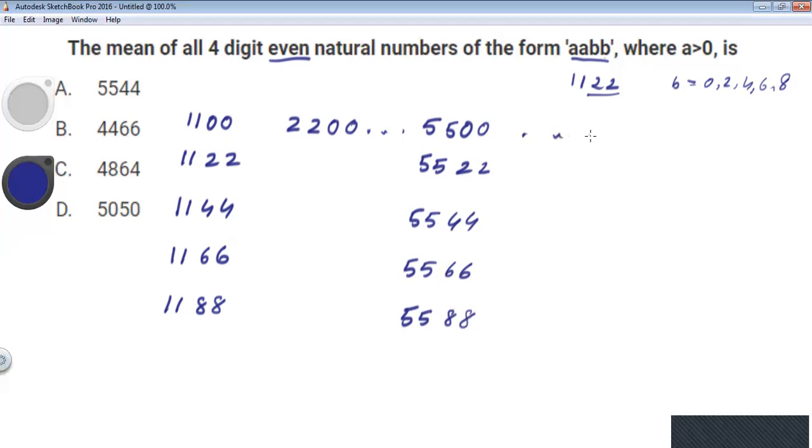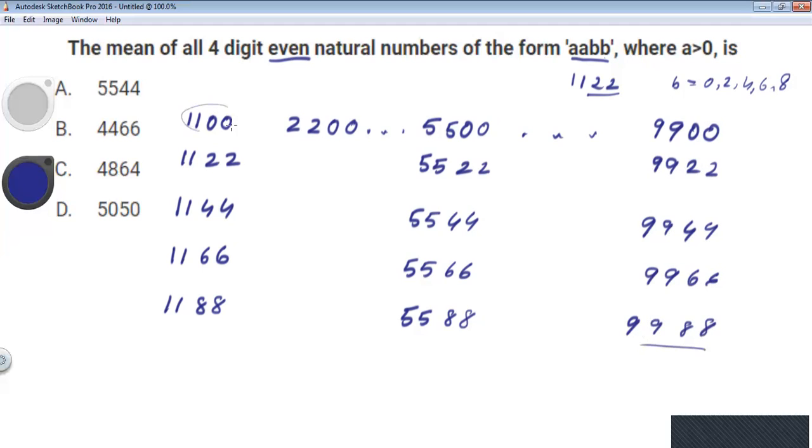And then the same way it will go up to 9. 9900 is going to be the last one with 4 digits, because further ahead you'll go to 10,000, which is 5-digit, and that is not possible since they're asking only about 4-digit even natural numbers. So 9900, and the middle ones are 9922, 9944, 9966, and 9988. This is the last number, and 1100 is the first number.